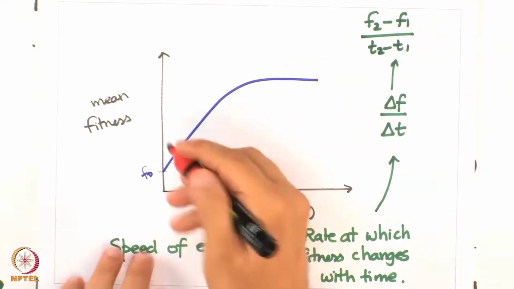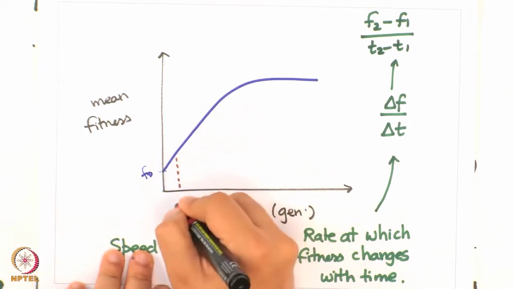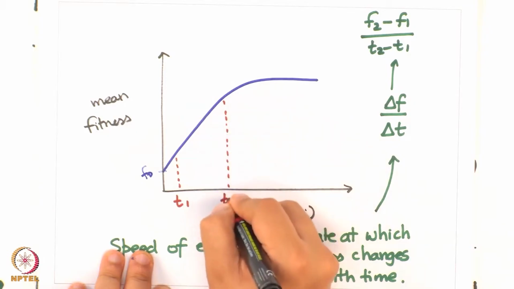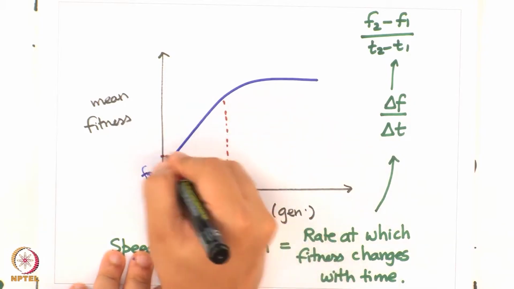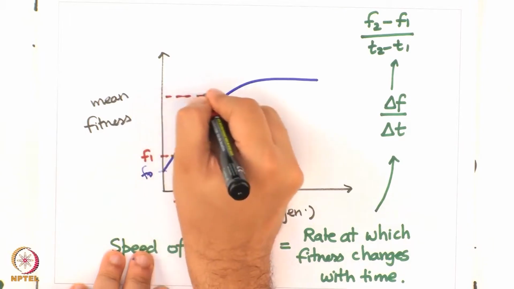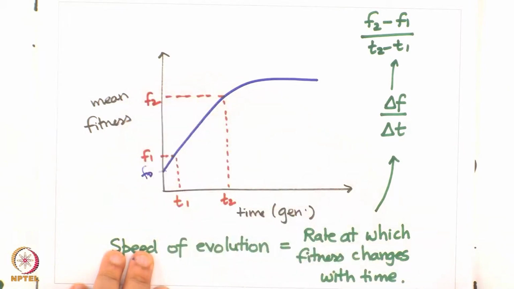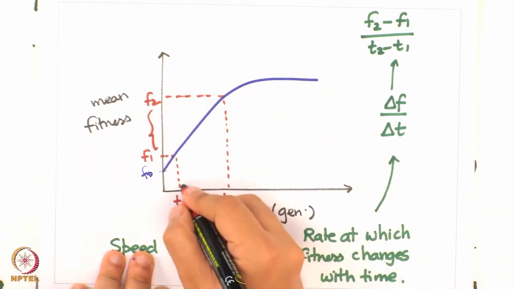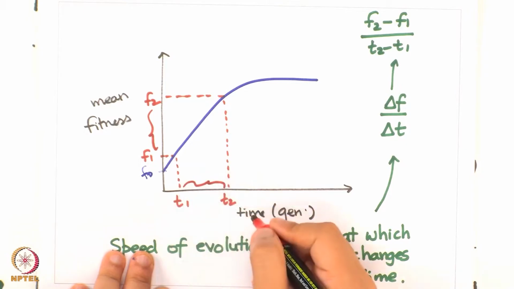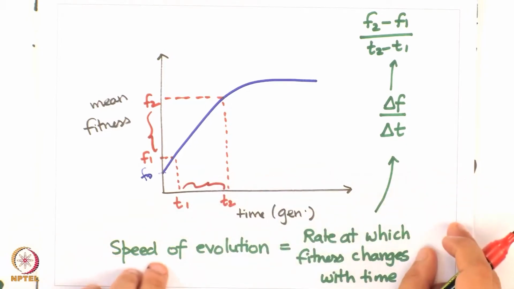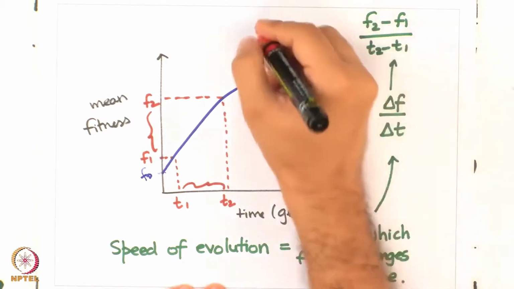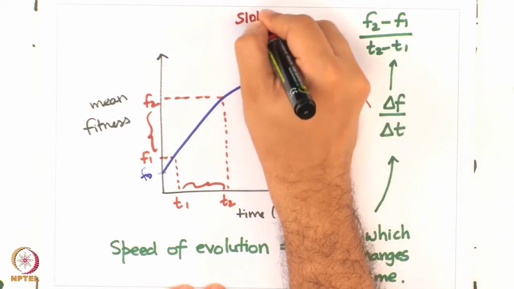And what this tells me is that if I were to choose T1 and T2 and on this graph find out its corresponding F1 and F2, then this change F2 minus F1 divided by this change T2 minus T1, that is what gives me an estimate of speed of evolution associated with the population. And this can be seen that this quantity is just equal to slope of this curve.